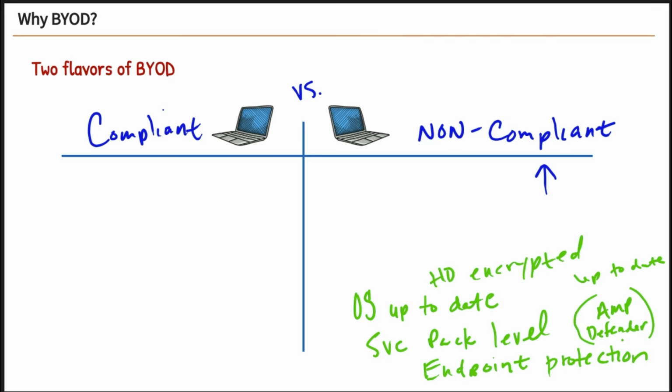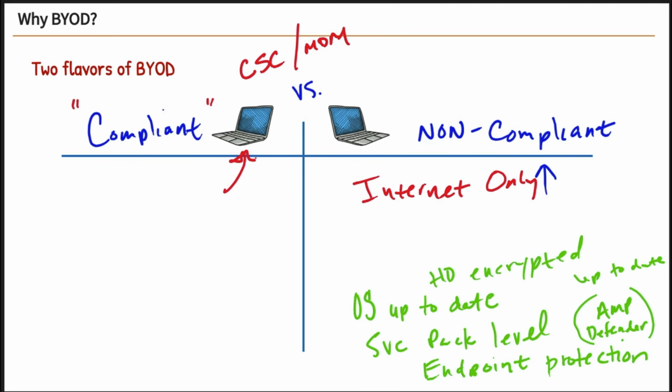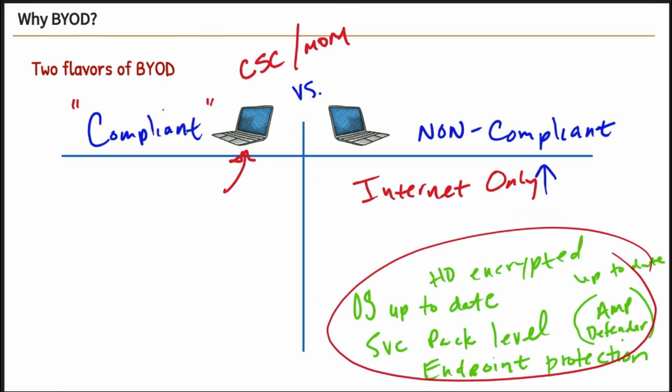So if a device is found to be non-compliant, maybe they get internet-only access. That would make sense because they're going to be in a separate VLAN, so they are segmented from our internal network and they just have internet access. But if we're able to determine compliance, and again, that's going to require that we have like our Cisco Secure Client or an MDM solution of some sort in play here, because we have to be able to see into the device, into the operating system, to see if these things are enabled or up to date or whatever it is.